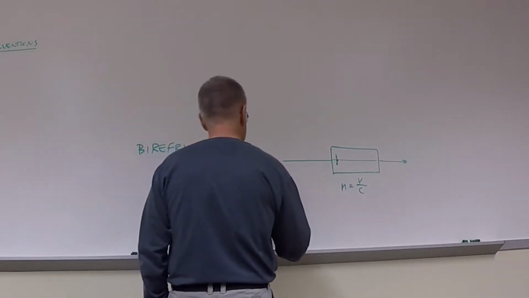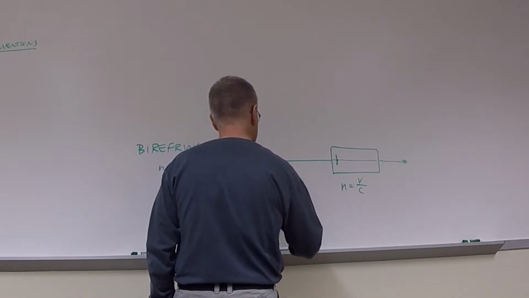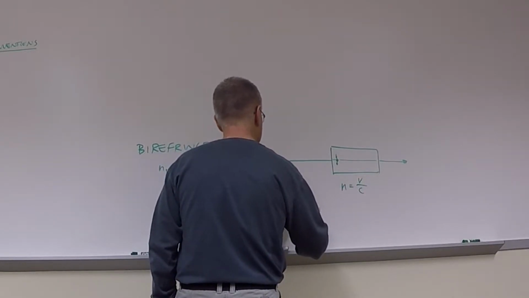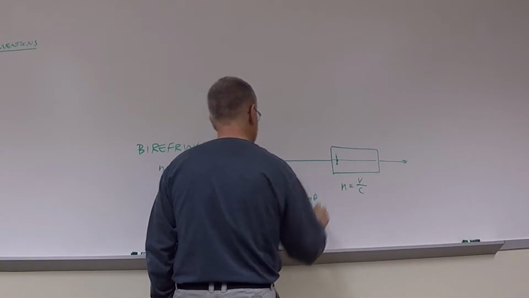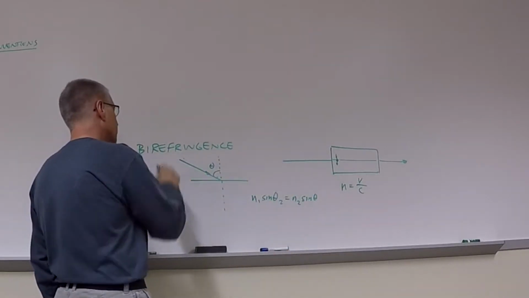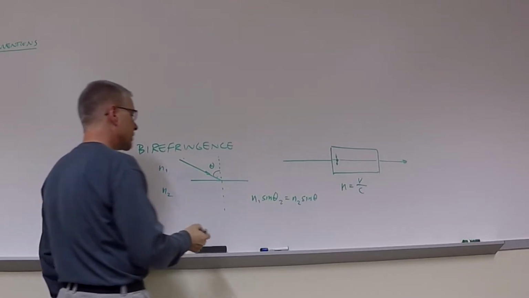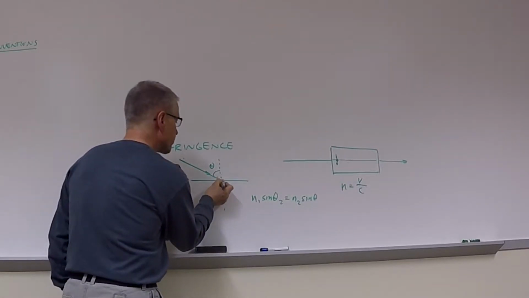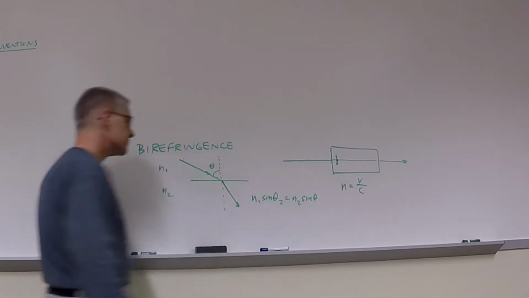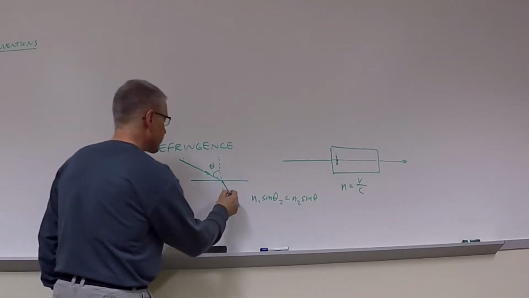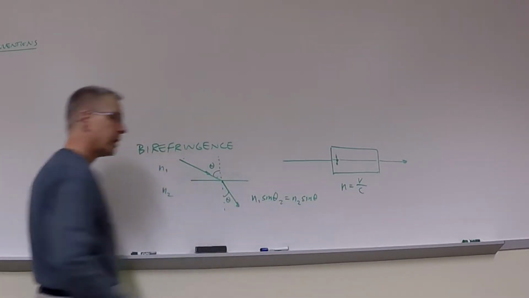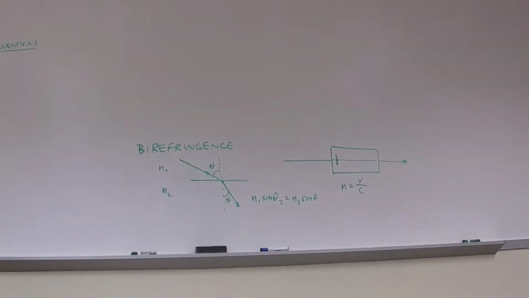And we saw that Snell's law will tell us exactly how much that will bend. If light goes from a lower to higher index of refraction material, it's going to bend towards the normal line. And again, those angles in Snell's law are measured from that normal line, the line perpendicular to the interface.